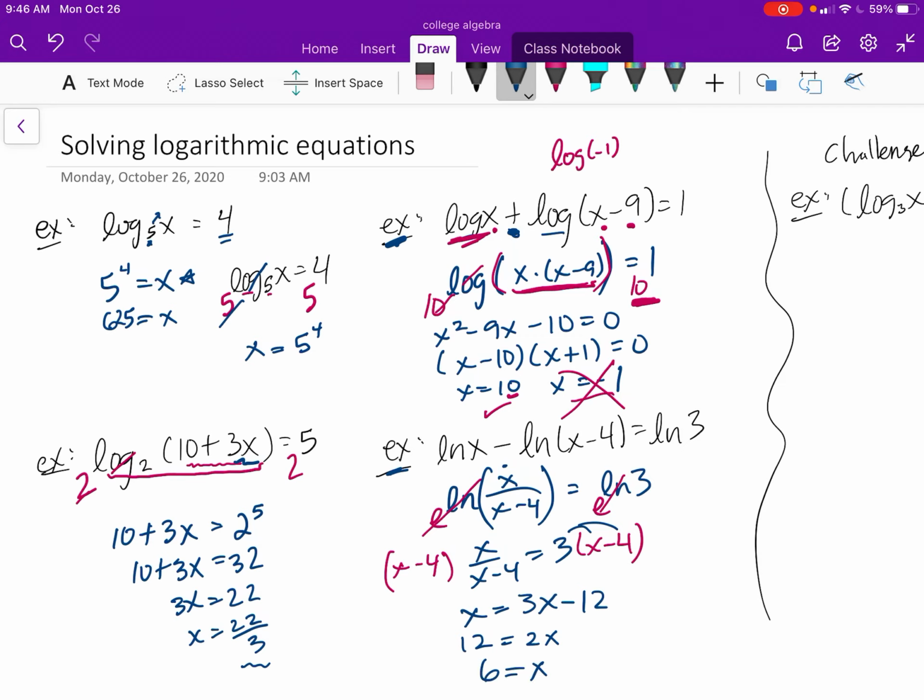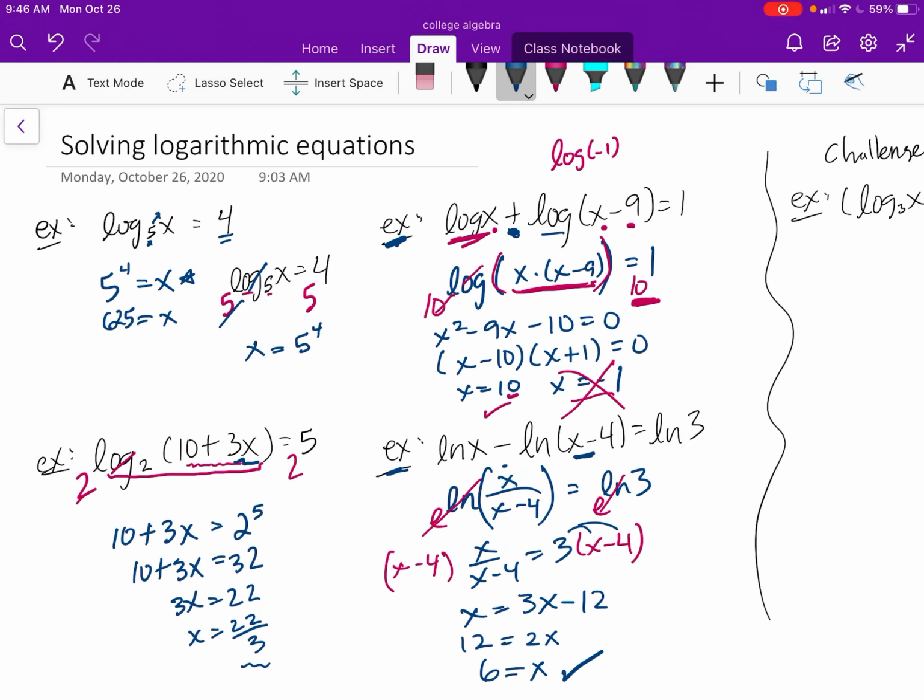X equals 6. Again, do a quick check, right? You could use your calculator, do ln 6 minus ln of 6 minus 4, which is 2. So ln 6 minus ln 2, make sure it equals ln 3, and it will. All right, we don't have any negatives. As long as our algebra is good, we should be all right.